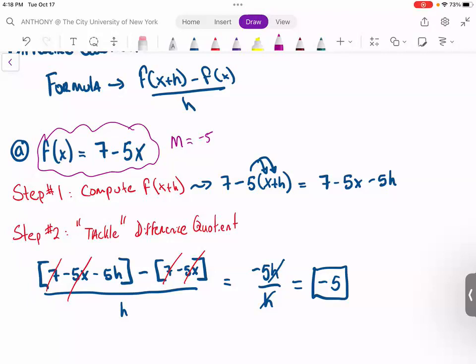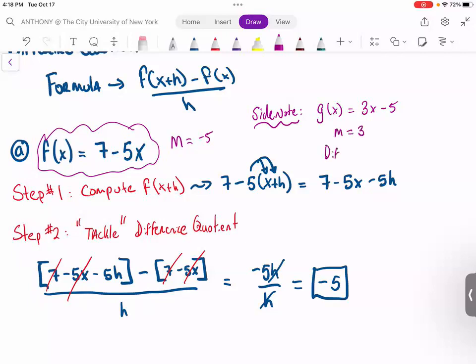All right? So just a side note, let's say I had the function g of x is equal to 3x minus 5. I'm not going to do the entire difference quotient. What is my slope here for the function g? Yes, for function g here, the slope is 3.